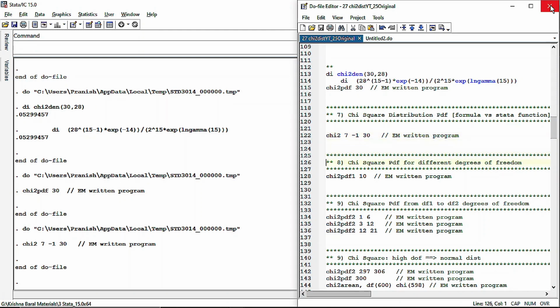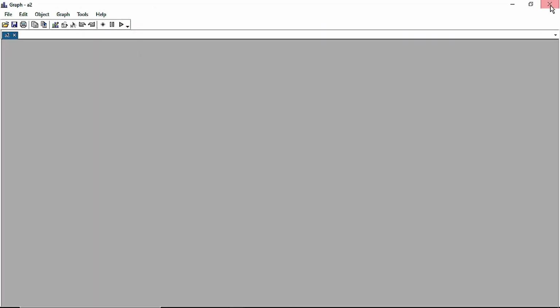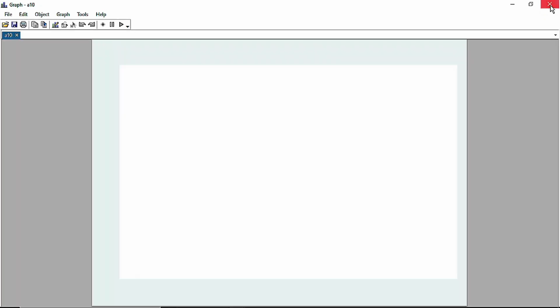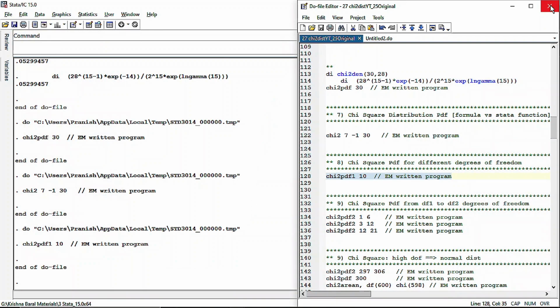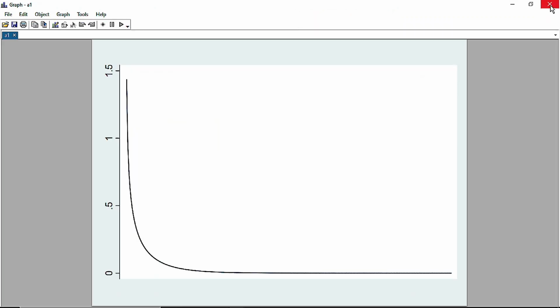Now let us draw the chi-square distribution for different degrees of freedom ranging from 1 to 10, and this is the program that we have written for degrees of freedom 1, 2, all the way to 10, and we see how the nature of the chi-square distribution changes. Now let us draw the chi-square distribution for some degrees of freedom in a single graph. We are going to draw the chi-square distribution from 1 to 6.